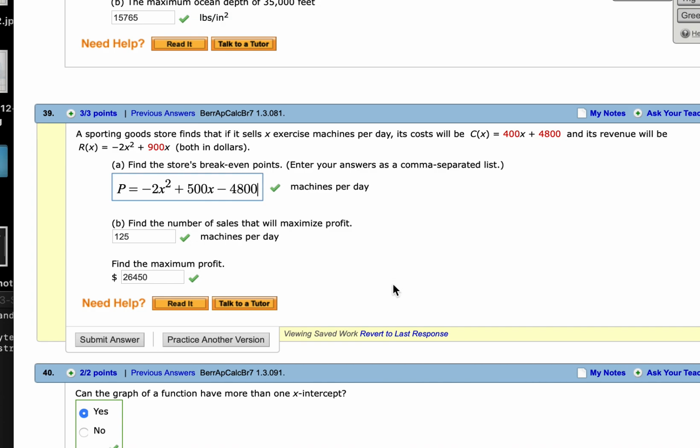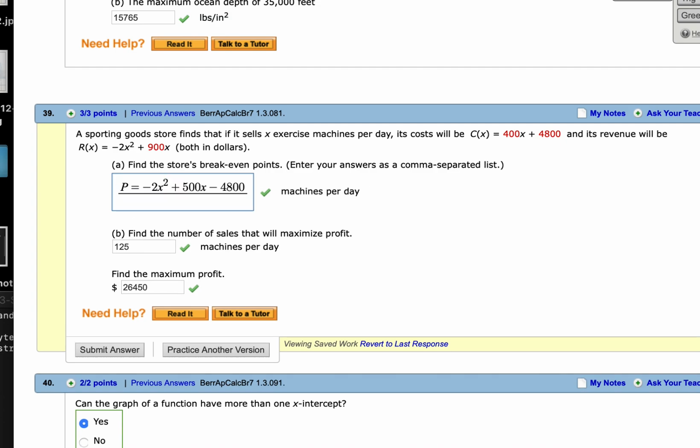So in class, we learned about the vertex formula to find the maximum or the minimum of a quadratic function. In this case, this quadratic function is opening downwards because the leading term has a negative number in front of it. If a parabola opens downwards, that means the vertex is the maximum. So this means that we can find the maximum profit by finding the vertex.